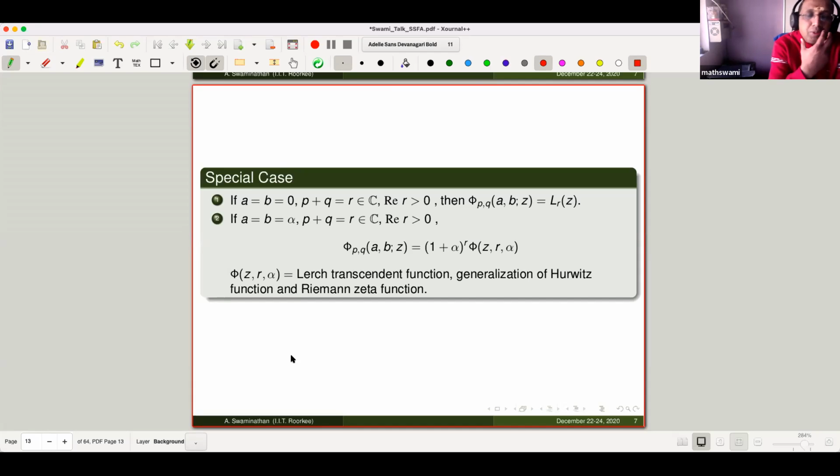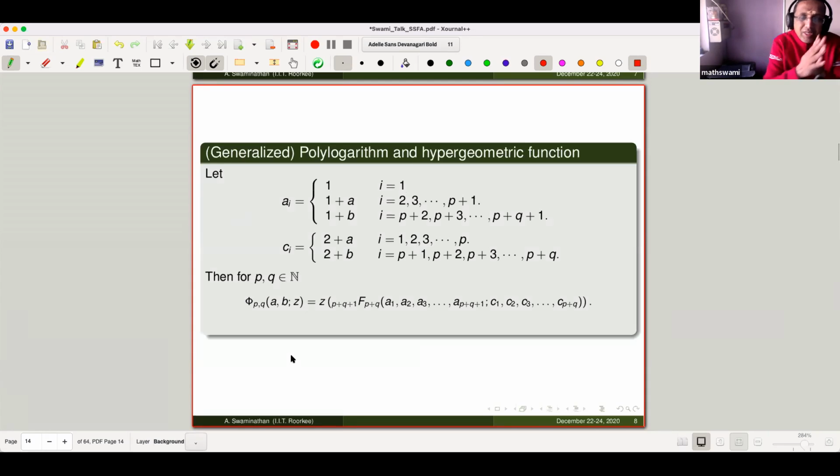So this generalized polylogarithm consists of several special functions in itself. So I'm interested in studying this generalized polylogarithm. And when you study it, there are some properties which I want to take from the hypergeometric function. So the relation between the generalized polylogarithm and the generalized hypergeometric function is given here. In the hypergeometric function, for the numerator parameters, for i equal to 1, we take it as 1.